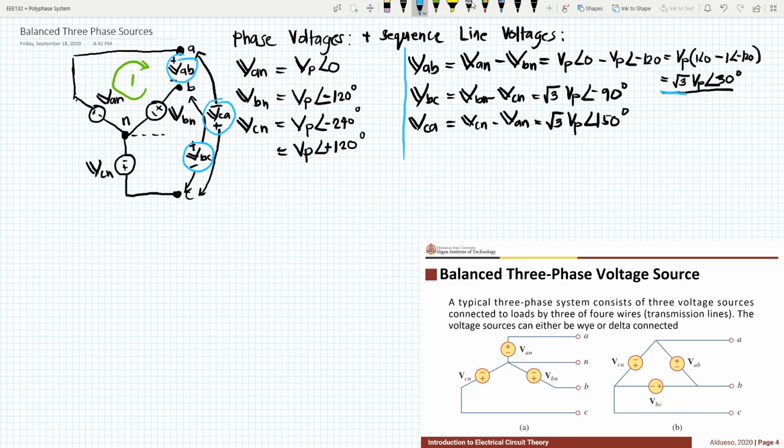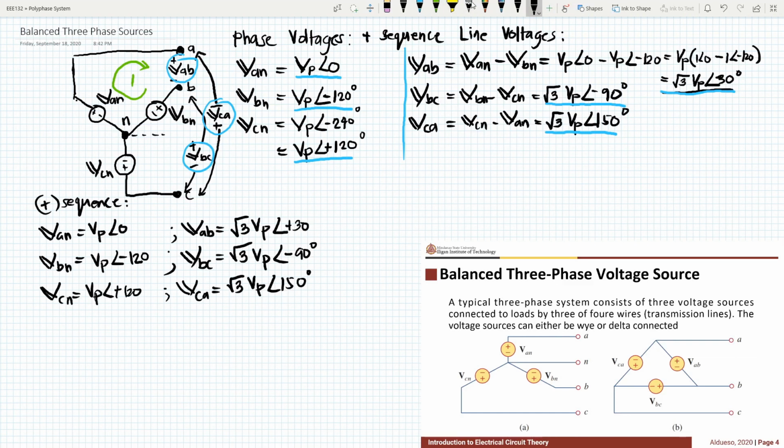If we take a look at these values right here, let's rewrite them side by side. Looking at the relationship between the phase voltage and the line voltage, the line voltage is equivalent to the magnitude of VP times square root of 3, and you add 30 to the angle. Here, the magnitude of VAN is multiplied by square root of 3, and the angle is just added by 30.